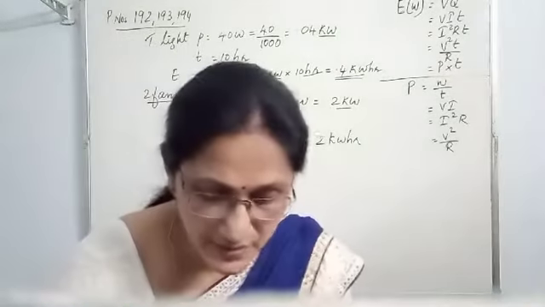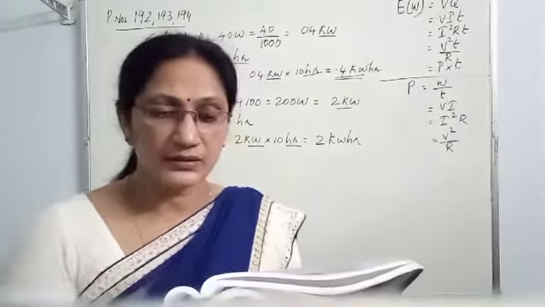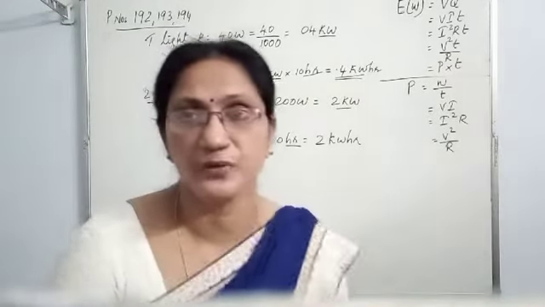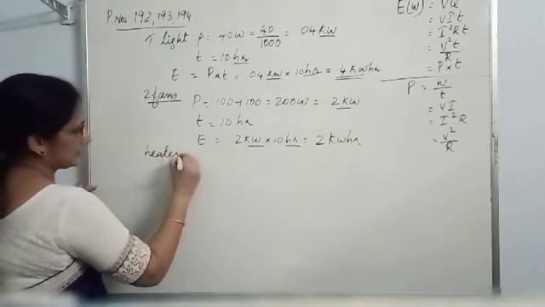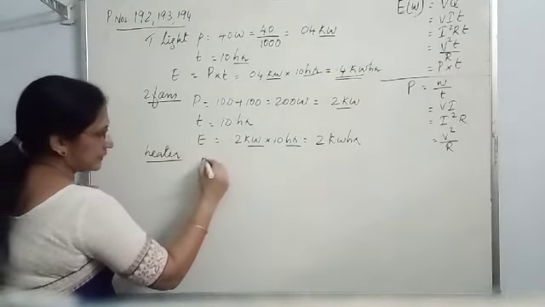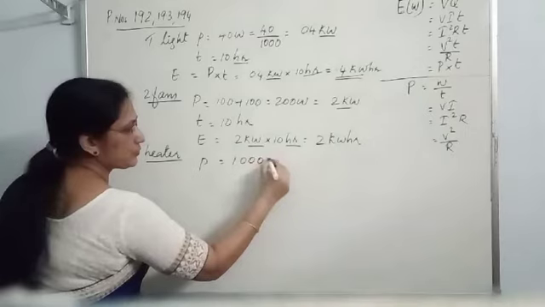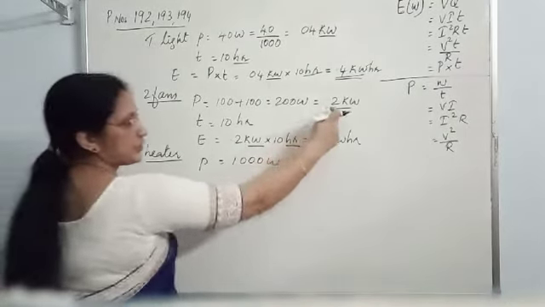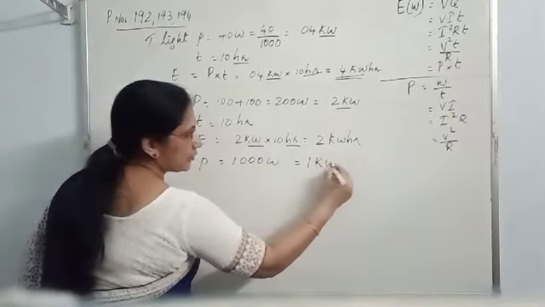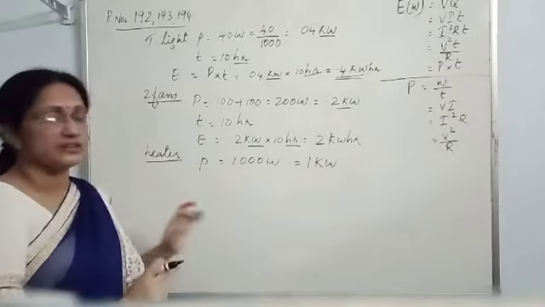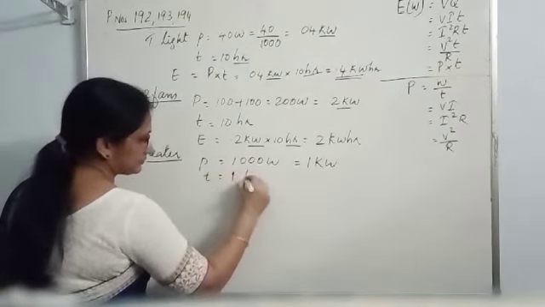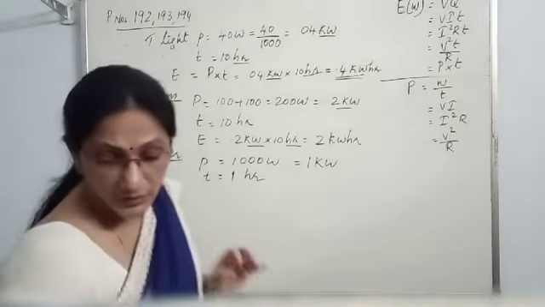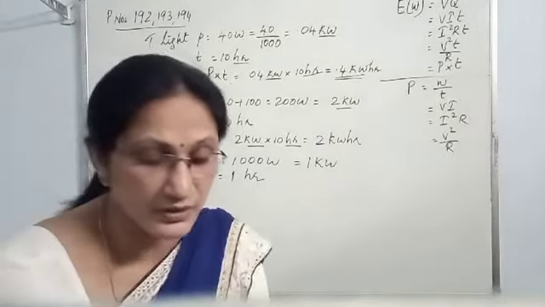One more device is there, a heater of power 1000 watt used for 1 hour. Next one is the heater. Its power is given 1000 watt. Convert it into kilowatt, divide with 1000, then you will get 1 kilowatt. Time is given as 1 hour.